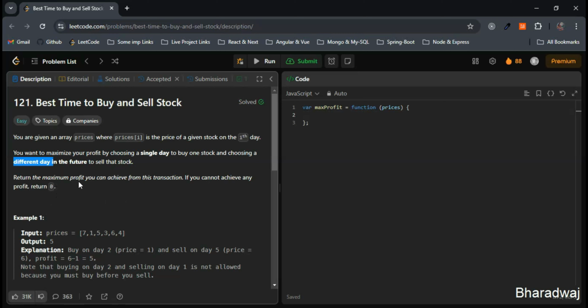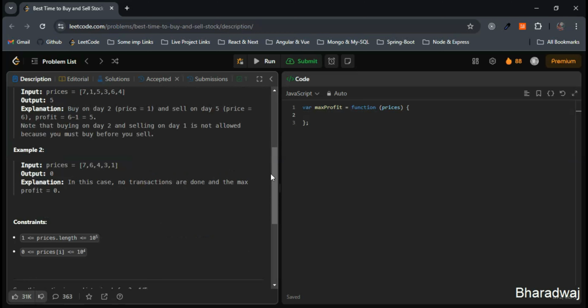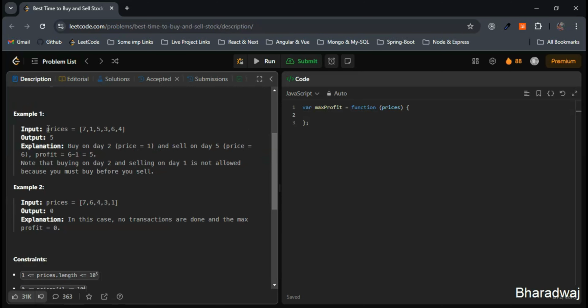So we have to return the maximum profit that we can achieve from the transaction, or if we do not achieve any profit, then we have to return 0. Let's come to this example. Here we have 7, 1, 5, 3, 6 and 4. By looking at this, we can say the minimum stock price that we can buy at is 1, because it is the least number, and the maximum price that we can sell at is 6.